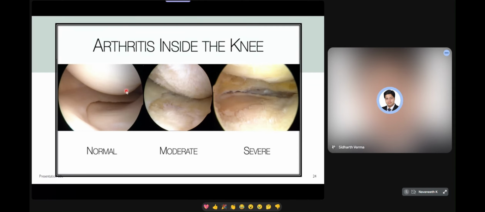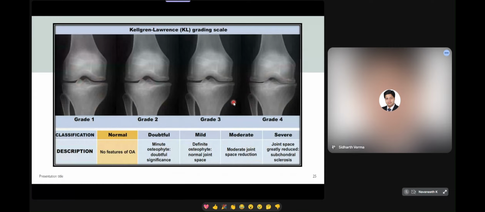This is a normal one, and this is the moderate one and this is the severe one. You can see the moderate arthritic changes are present here, but this one you can see the severe arthritic changes. So all the meniscus is torn here, or maybe degenerated here, and then also the bone is visible, and that is what you need to see.